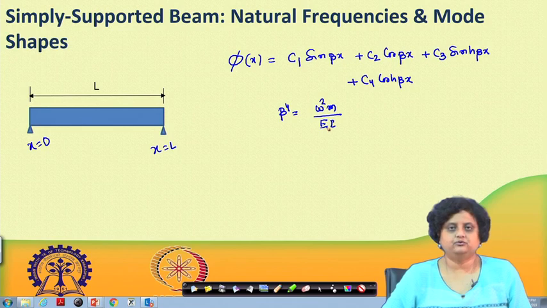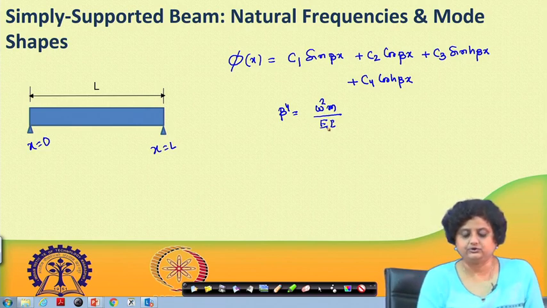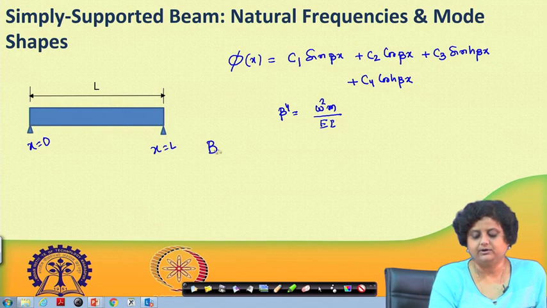So, our job is to find out the unknown constants C1, C2, C3 and C4 and also beta by using the boundary conditions. So, let us see what are the boundary conditions.